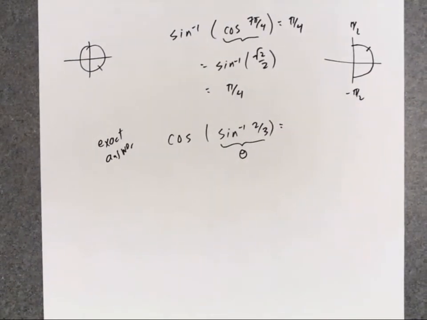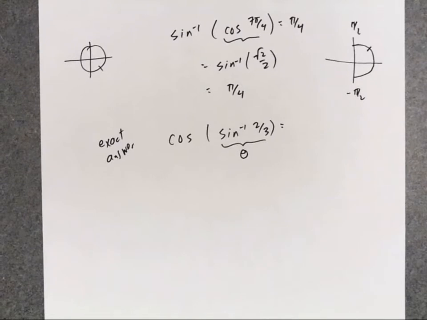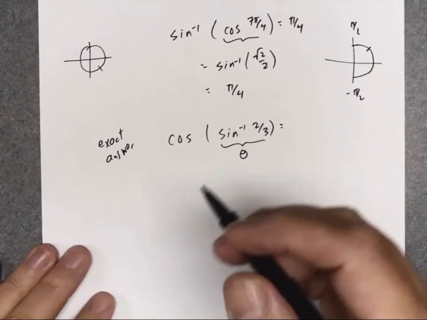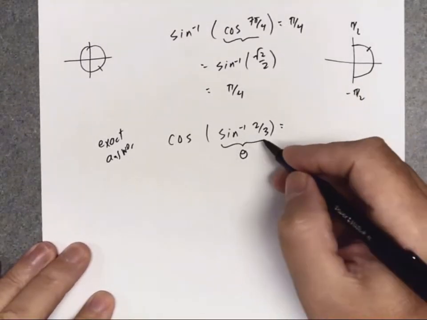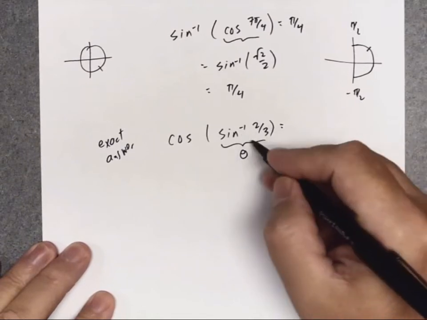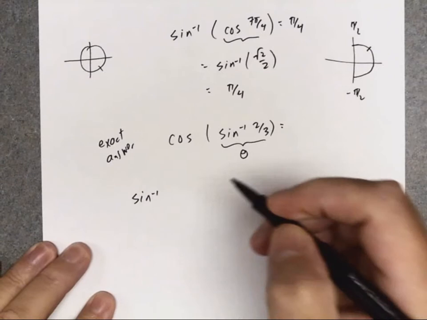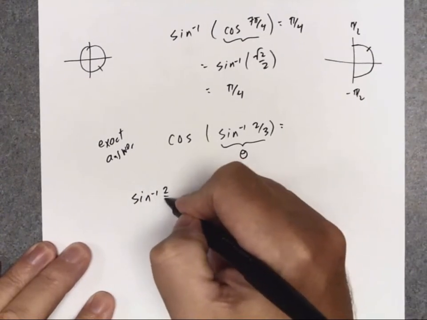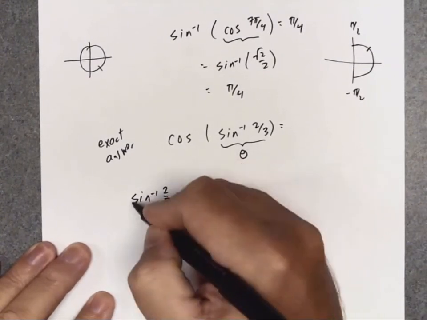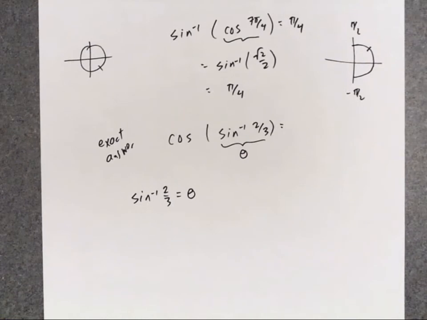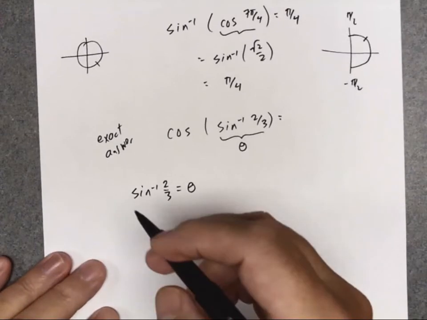I don't, off the top of my head, know that. So basically what I have to do, I haven't really done this yet, but let me write this out. Inverse sine of 2/3 equals theta. You know what I can do just for fun?